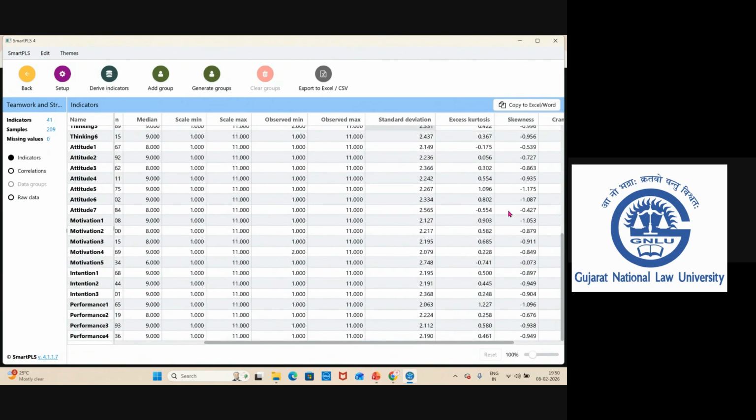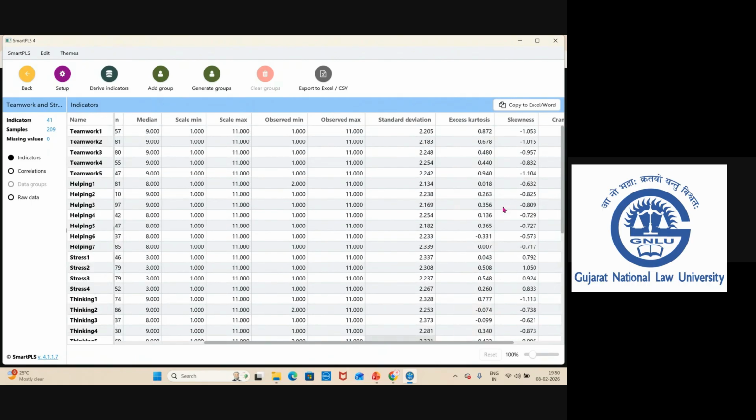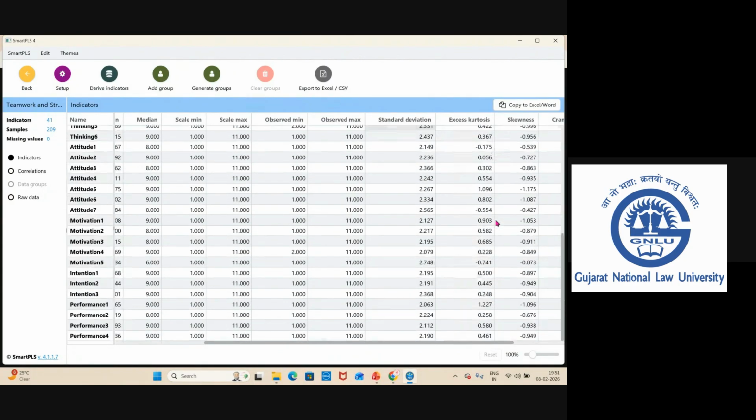If you have watched the day 1, day 2, or day 3 session, we discussed certain threshold values. If skewness and kurtosis values are between -1 and +1, we have achieved excellent normal distribution. If between -2 and +2, acceptable. If between -3 and +3, there is some problem with your data.